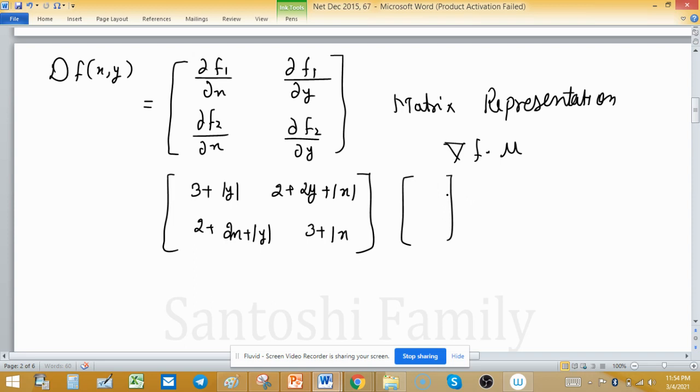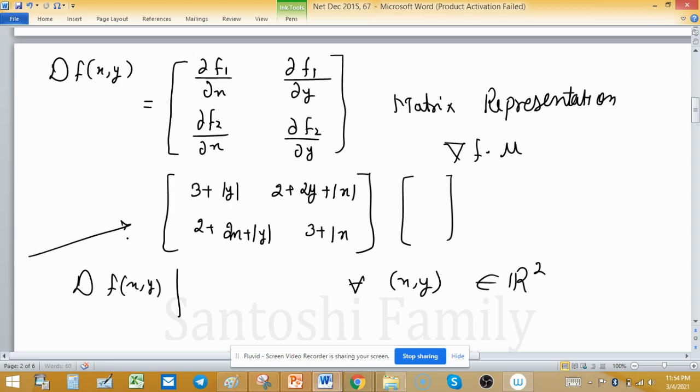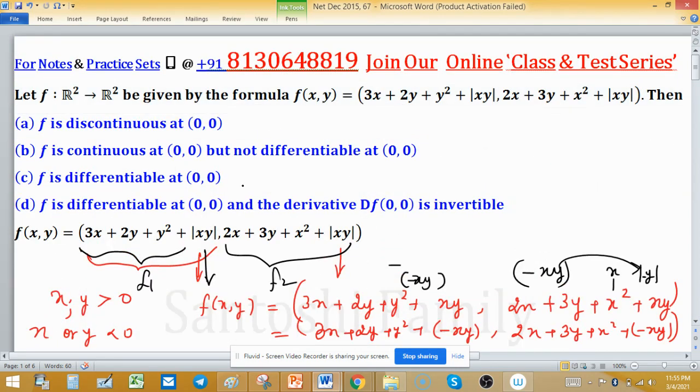So whatever the value of u, this df(x,y) is existing for all values of x,y, meaning all x,y coming from R square, this is always existing, meaning the limiting value is existing, meaning the function is differentiable everywhere. Also the directional derivative is existing at the point (0,0), because the question is about the directional derivative at (0,0), and differentiability is also at (0,0).